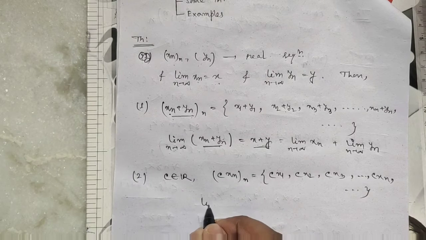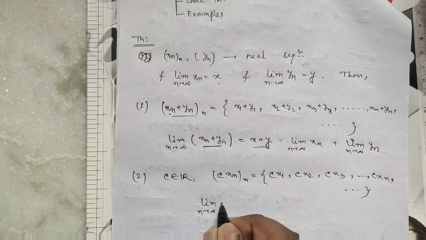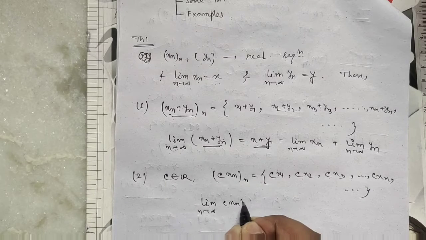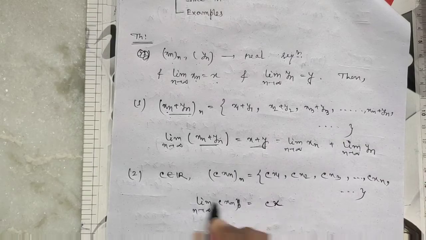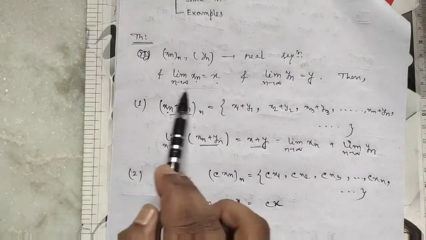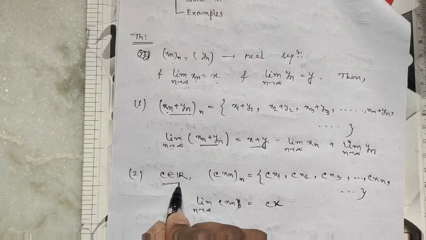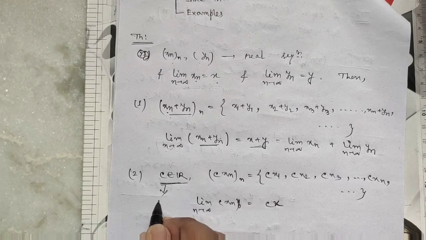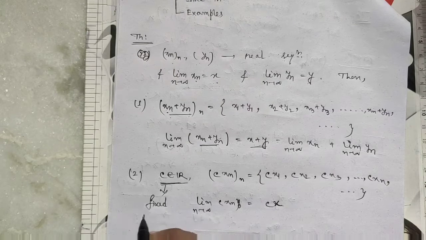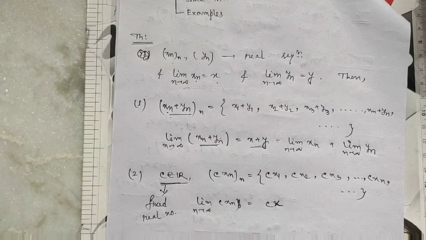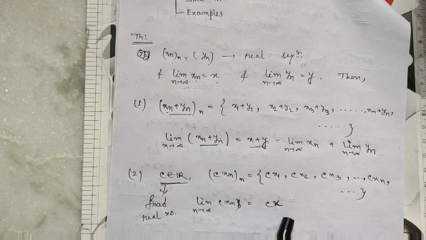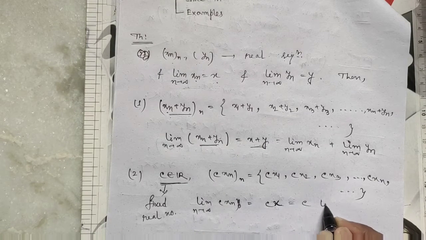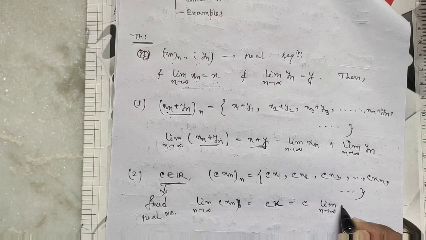This sequence converges to cx, that is, c times limit n tends to infinity xn.